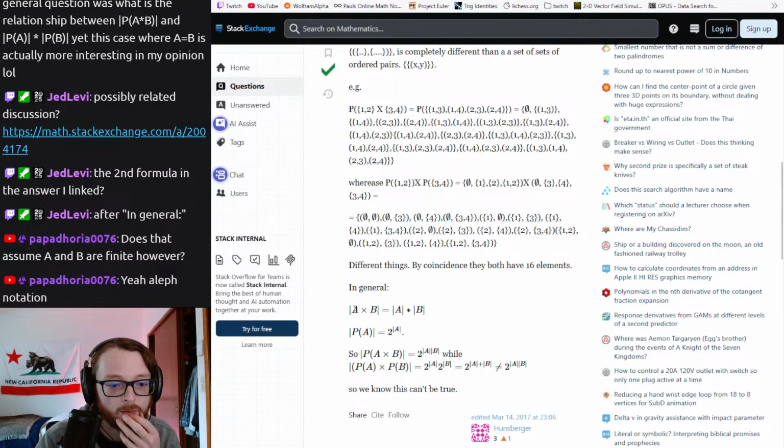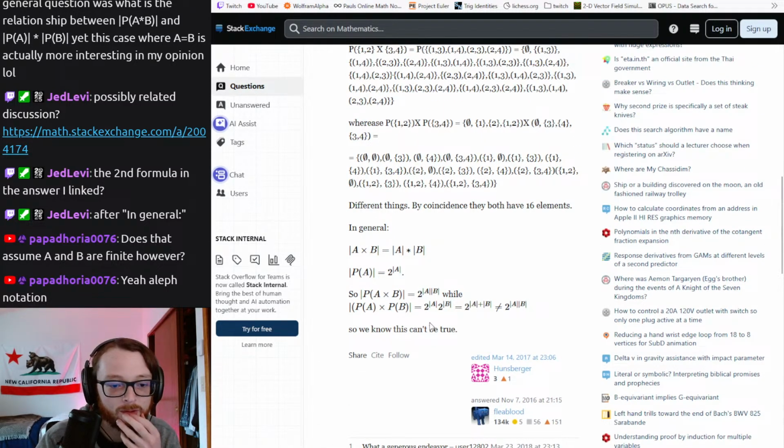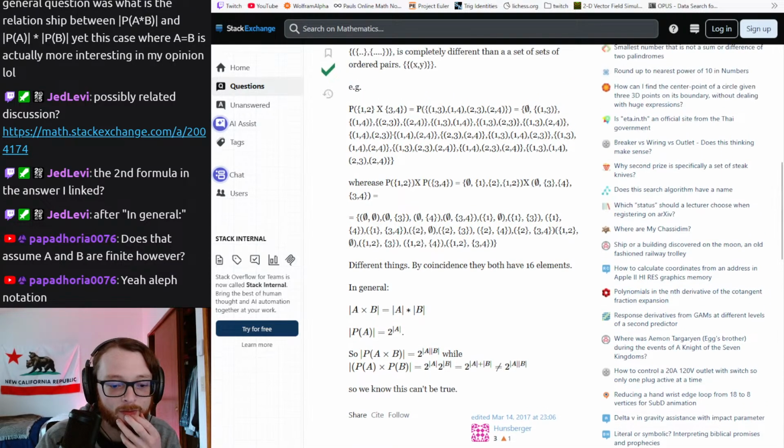So if we can establish these two things, I guess spoiler alert, Papadoria. Actually, if infinite sets are a concern, then this isn't a spoiler. But I guess we don't have to consider infinite sets if we have a finite set that's a counterexample.